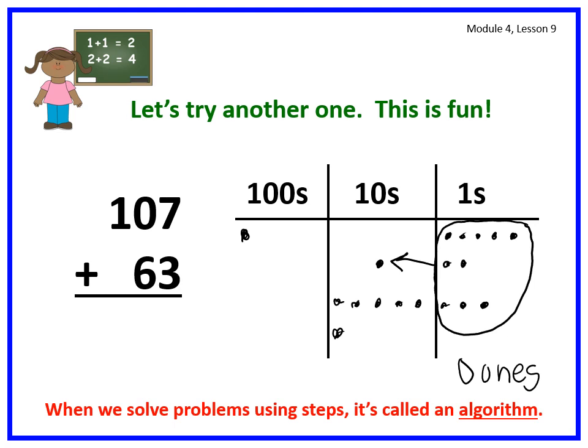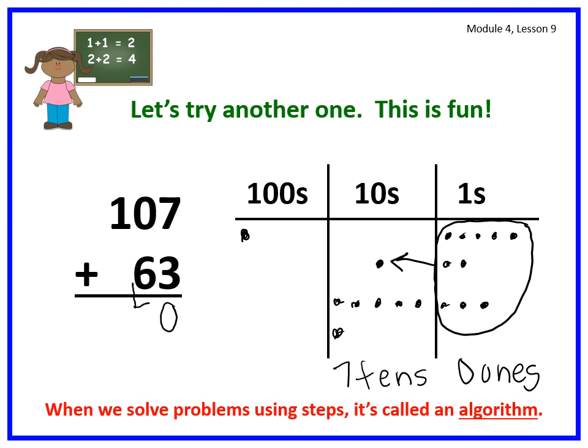Now I did make a new group, so over on my vertical method, I still need to put a new group below in our tens and then use that 0 as the placeholder for the place value of ones. There are 0 ones and 1, 2, 3, 4, 5, 6, 7 tens.